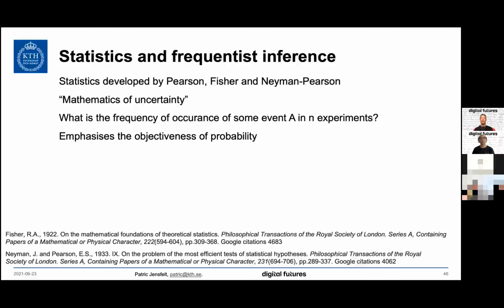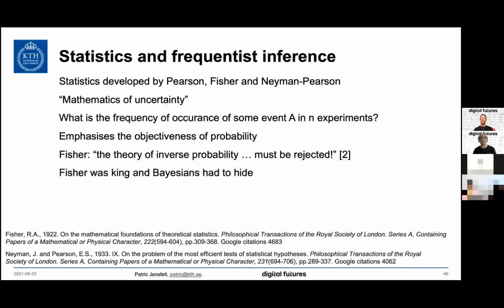And the core here is to look at the frequency of some event A and do that in experiments. And it was also very much emphasized to be objective. And Fisher supposedly said that the theory of inverse probability must be rejected. And Fisher was king at the time, and the Bayesians had to hide.